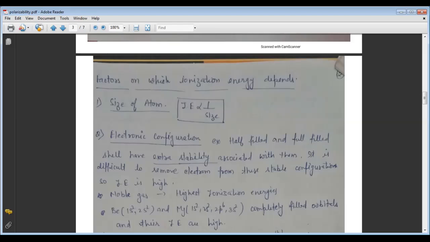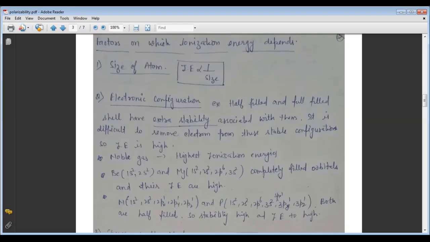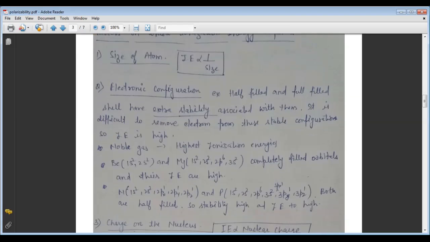Now come to the second point, that is the electronic configuration. It is a very important point. According to the electronic configuration, or we can say the electronic arrangement, the ionization energy also depends upon the electronic configuration of the atom. It has been observed that certain electronic configurations are very, very stable compared to the others.